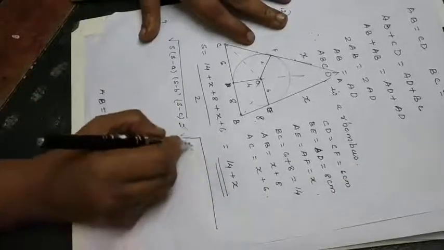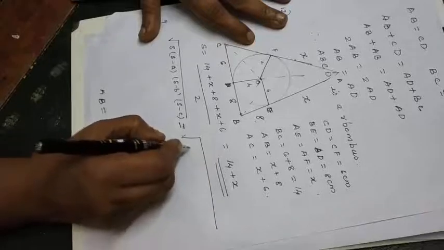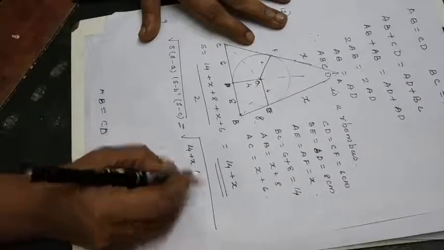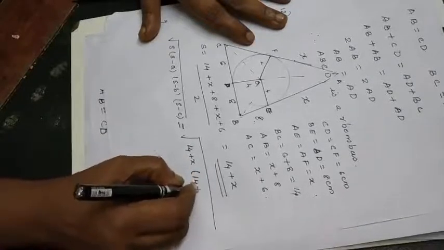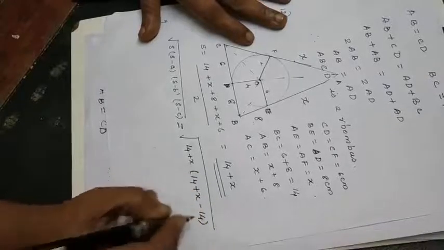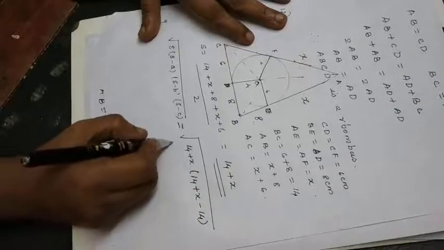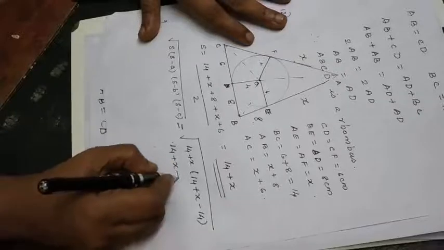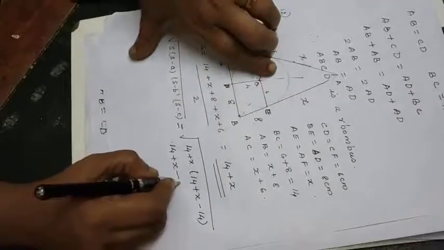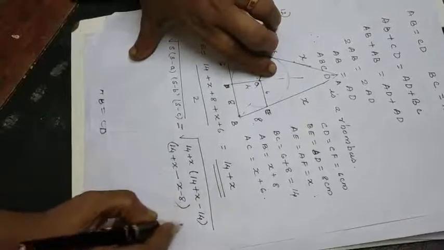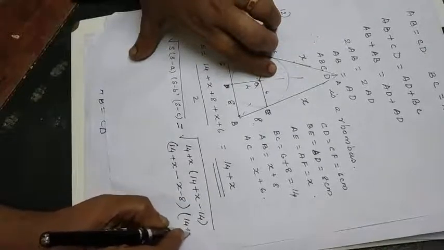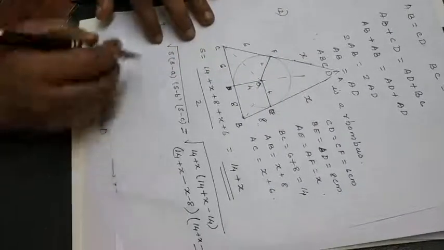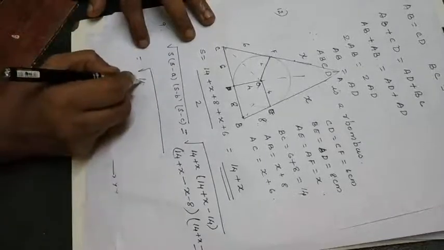So our S is equal to 14 plus X into 14 plus X minus 14, then 14 plus X minus X minus 8, then 14 plus X minus X minus 6, so it will be root of 14 plus X.